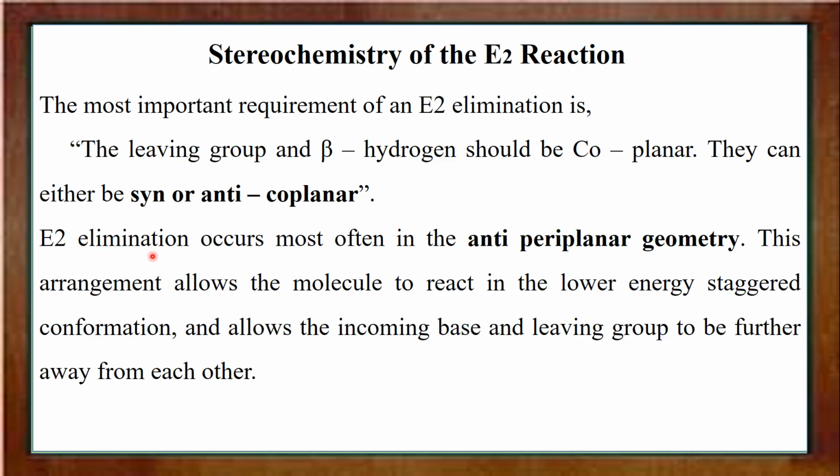E2 elimination occurs most often in the anti-periplanar geometry. So the leaving group in the alpha carbon and the hydrogen in the beta carbon should be coplanar or periplanar, and both of them can either be syn or anti-coplanar.